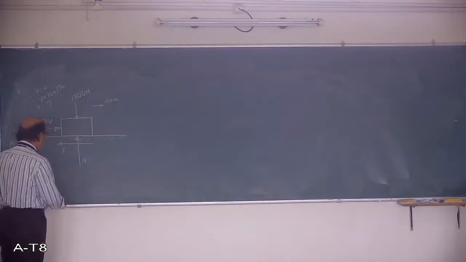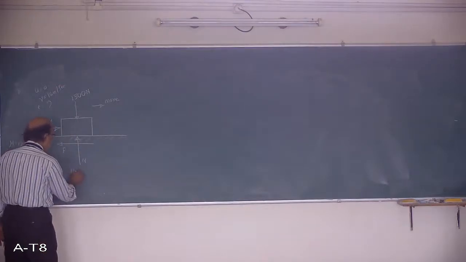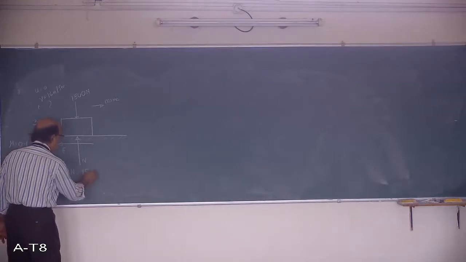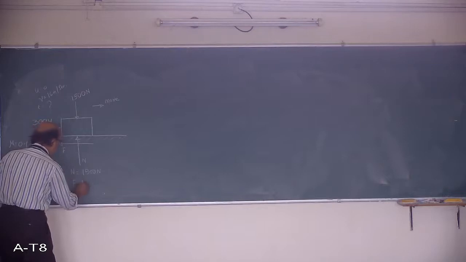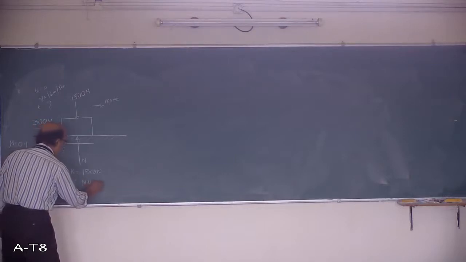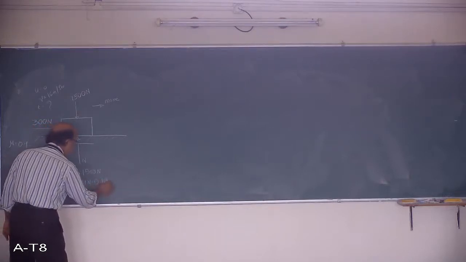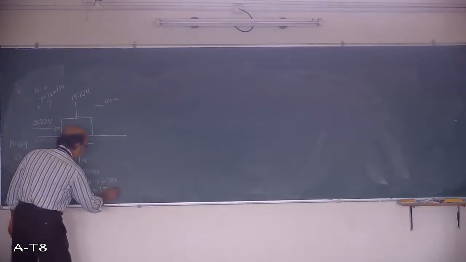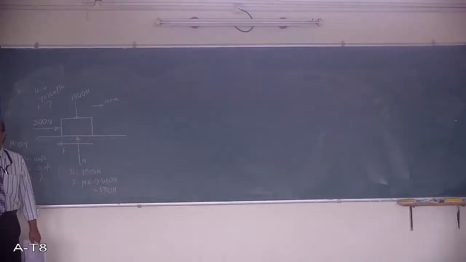Therefore N is equal to 1500 Newton, and the frictional force F is equal to mu into N, equal to 0.1 into 1500, so you get 150 Newton frictional force.